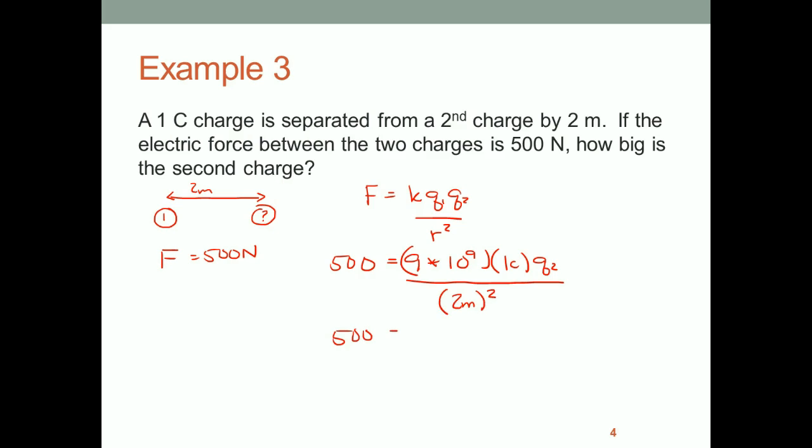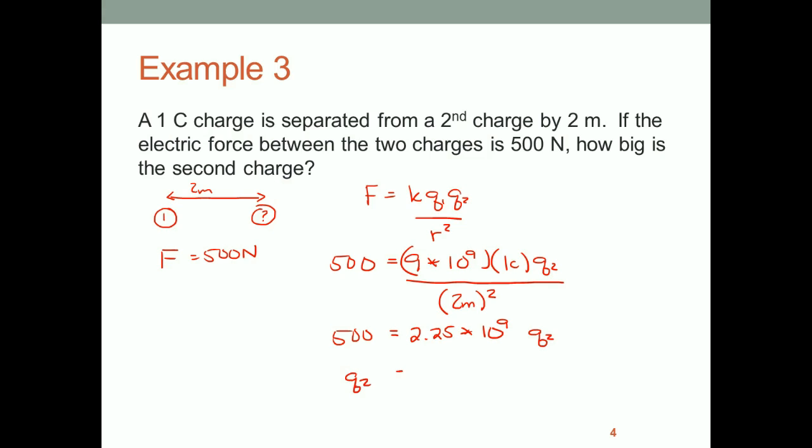So doing some simplification, we get 500 equals 9 times 10 to the 9th times 1 divided by 4, which is 2.25 times 10 to the 9th times our charge, q2.